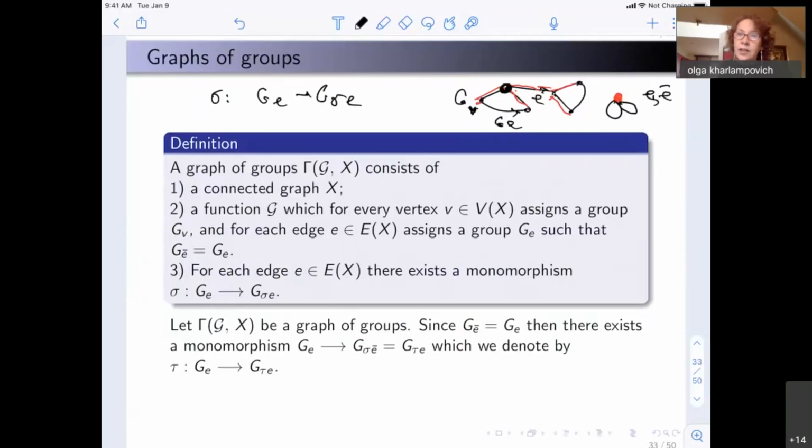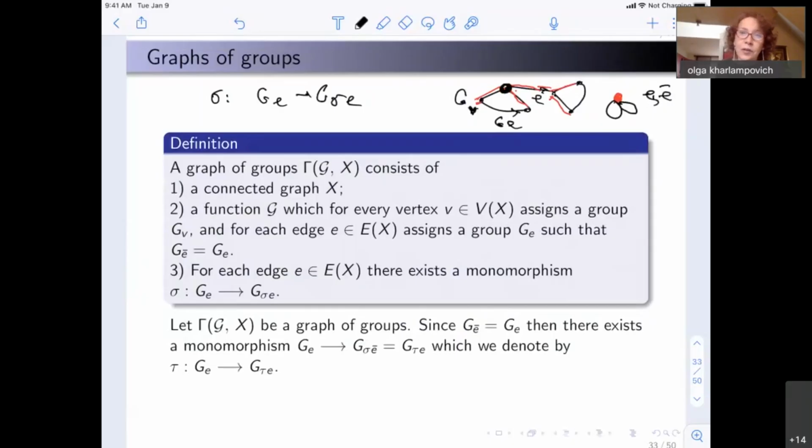We can generate it by the following elements. So we go along the edge, we read T_E, then we take some element from this group. Then again, we go along the edge, we read T_E, then some element in this group, and so on. So it's a kind of group of loops, but loops with elements of the vertex groups added.